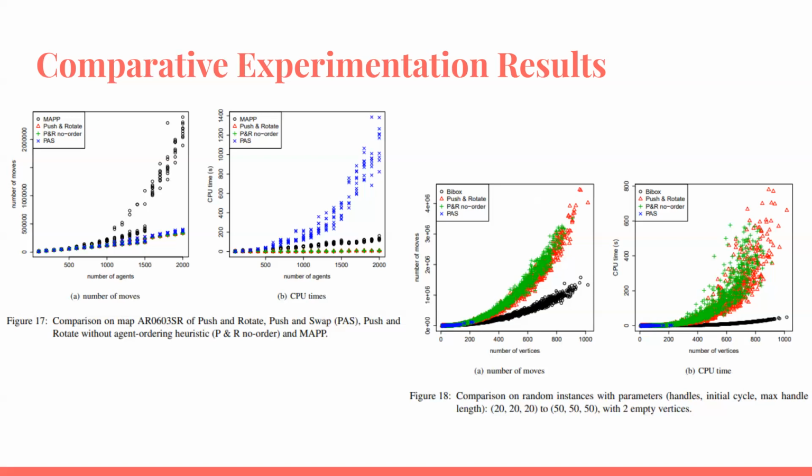It's important to note here that the moves all remain relatively the same for this instance. However, push and rotate clearly runs faster than its competition. For figure 18 shown here, it's clear that BiBox wins for sure.